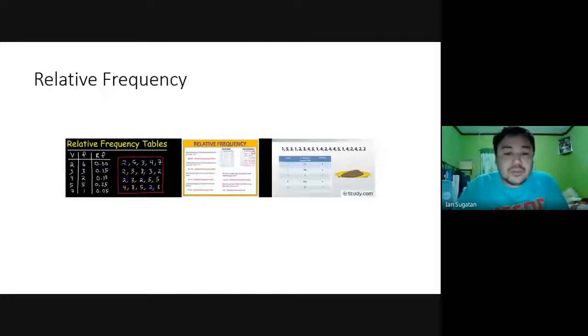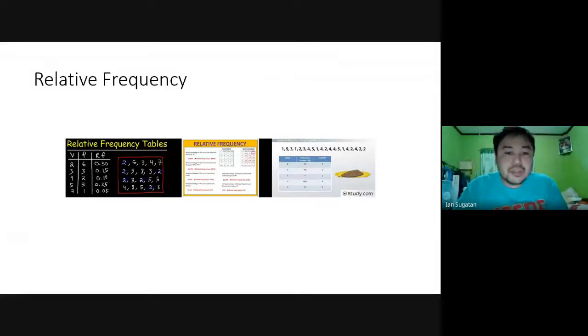So this refers to the result of dividing the absolute frequency of a certain value by the total number of data. Relative frequency is the result of dividing the absolute frequency of a certain value by the total number of data. Okay?